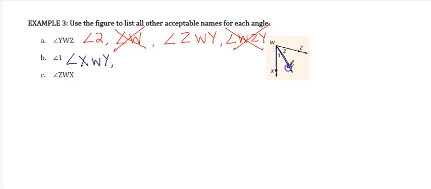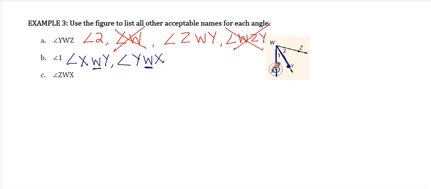Or we could start at the Y endpoint and say it's angle YWX. But again, the W is in the middle for both of them. It has to be in the middle because it is the vertex, the common point between those two rays.